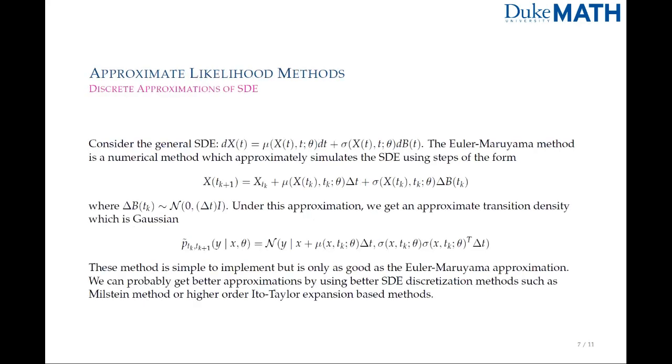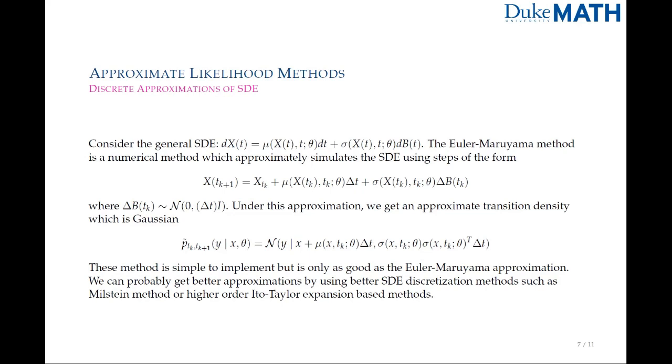One way of doing that is by using the Euler-Maruyama method, which is a numerical method for approximately simulating SDEs using steps of the form shown here, where this increment in the standard Brownian motion part is just a normal distribution with the time difference as the variance.